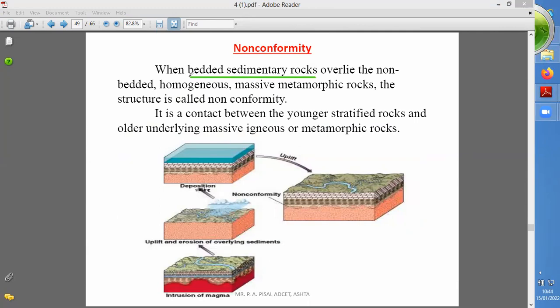Such rocks are considered as bedded sedimentary rock, having different layers. Now, when bedded sedimentary rock overlies non-bedded homogeneous massive metamorphic or igneous rock, okay, the structure is called non-conformity.